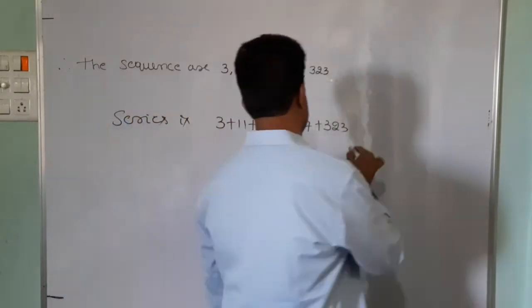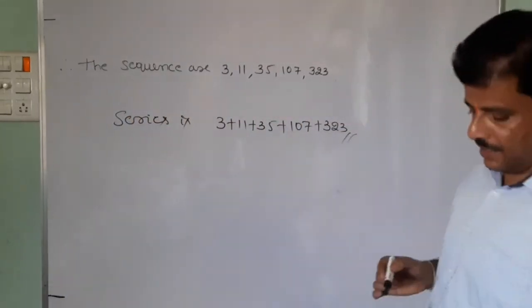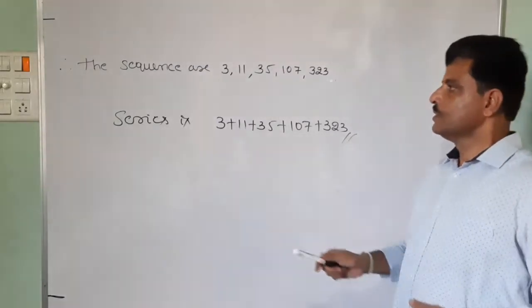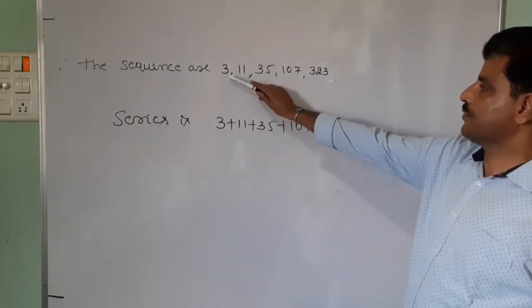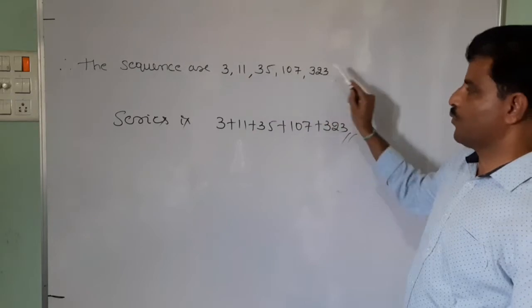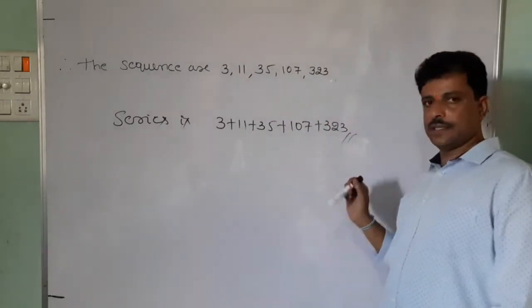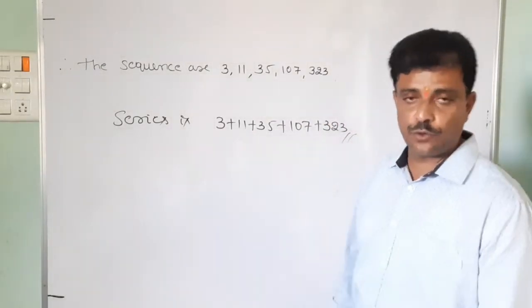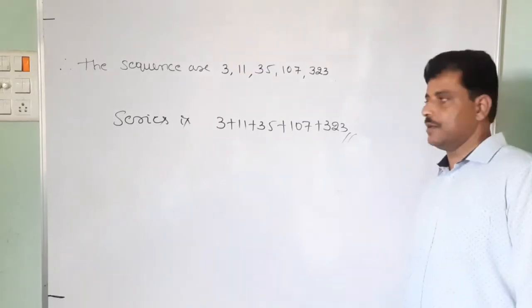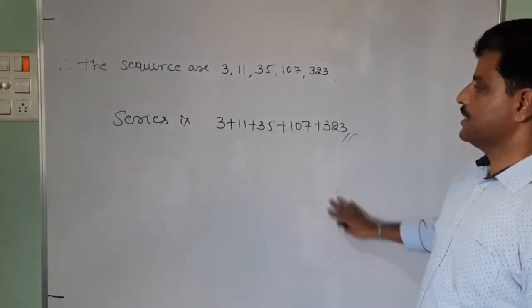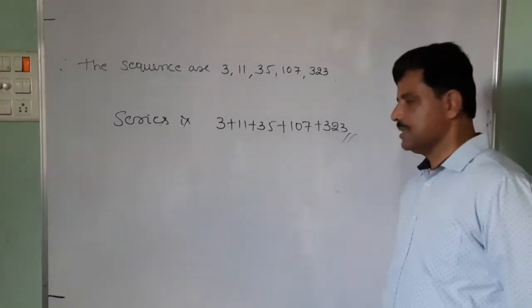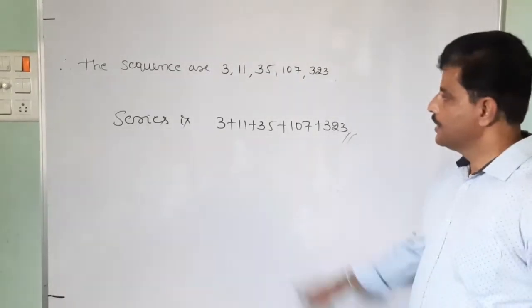So this is the main end result of the problem. Therefore the sequence, first 5 terms 1 2 3 4 5. This is the series, A1 plus A2 plus A3 plus A4 plus A5. Okay, this is the series 3 plus 11 plus 35 plus 107 plus 323.